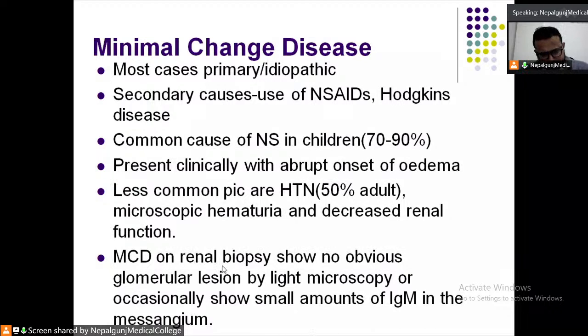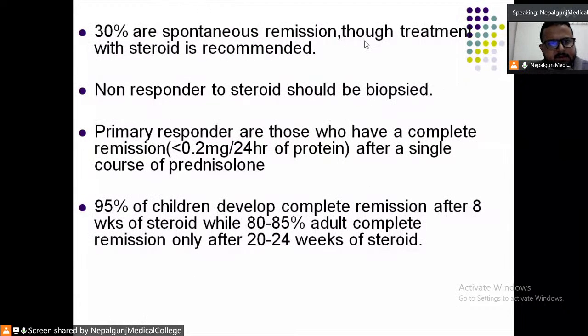In MCD there is loss of the podocyte foot processes, and the gap between the podocytes is increased. That's why there is proteinuria. In light microscopy you may not see this lesion, but in electron microscopy it is obvious. 30% have spontaneous remission. Treatment with steroid is recommended.